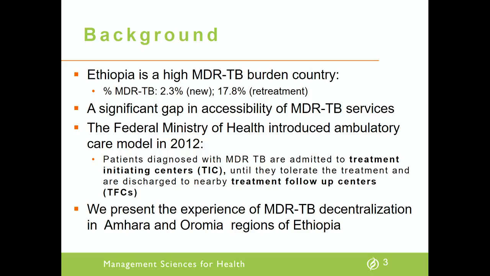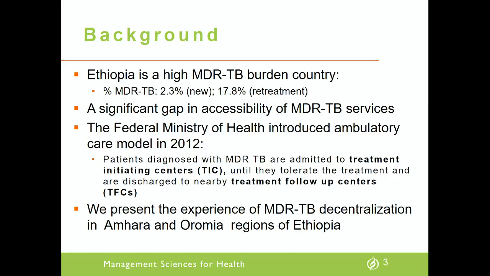When we started this support in 2011, there was a significant gap in accessibility of MDR-TB services. Treatment was being provided in a single tertiary center in Addis Ababa, and patients had to travel about 700 kilometers or more to get the service in this center.